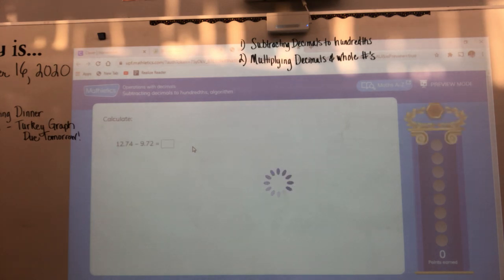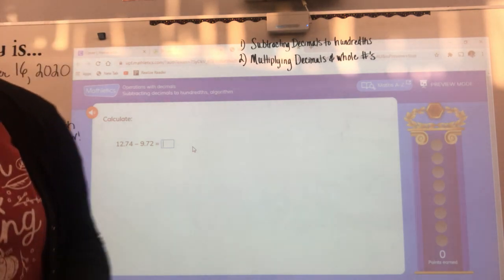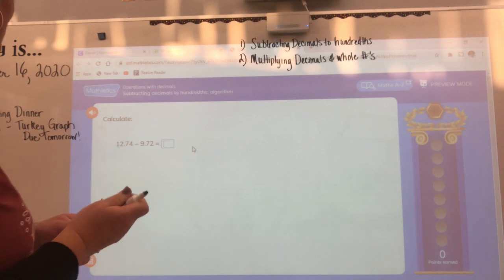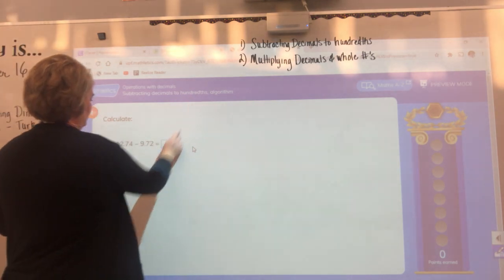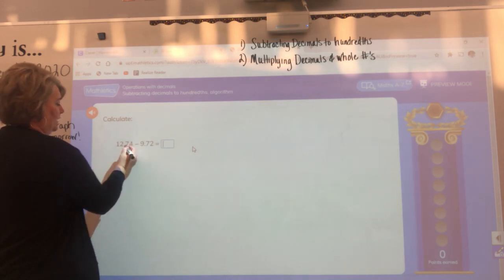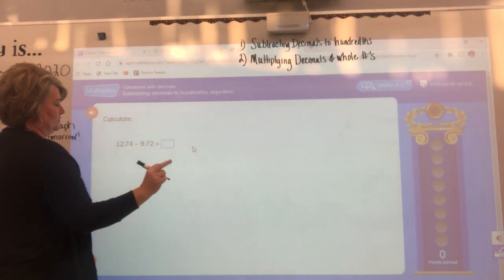It might not be the exact same answers or exact same problems, but it's going to be something like this. So you're subtracting decimals to hundredths. This is actually the tenths, hundredths. Yeah, you didn't go 3 digits to the right. You're only going 2 digits to the right.